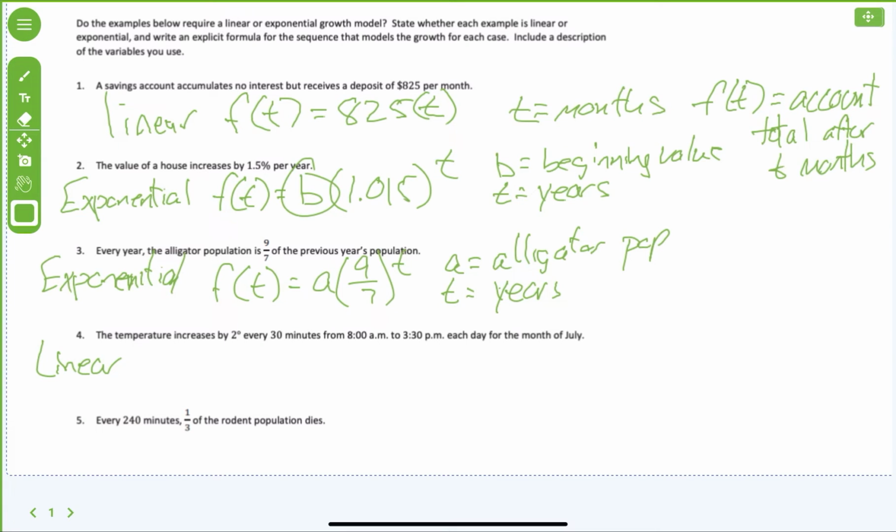It does in the fact that you've got to come up with how much it is at 8, but it's only going to grow by 2 degrees no matter what the degree was at 7:30, right? How much it's growing doesn't matter based on the previous 30 minutes. It's going to grow by 2 no matter what. So here we would say, let's call it the temperature of T is equal to what? How would you write this formula?